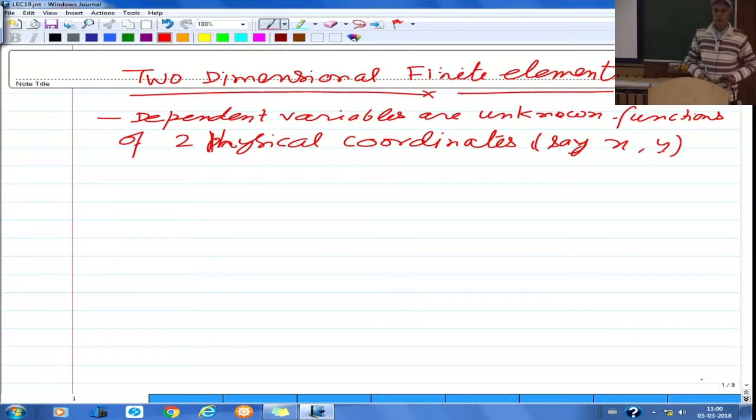So 2D means we have problems where the dependent variables are unknown functions of two coordinates.